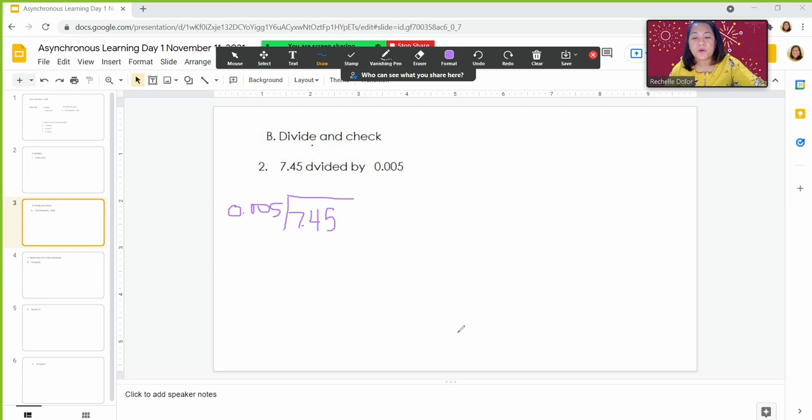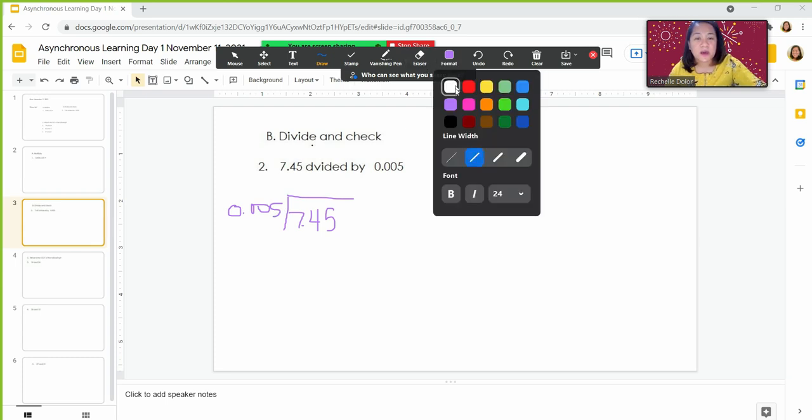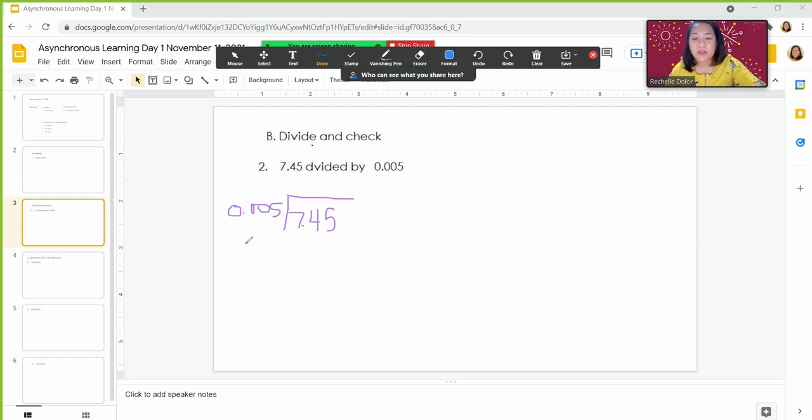So the goal is our divisor should be a whole number by moving the decimal to the right. So let's count that: 1, 2, 3. Therefore, I need to also move the decimal place of the dividend to the right 3 times. 1, 2, 3. So you're going to put here 0.